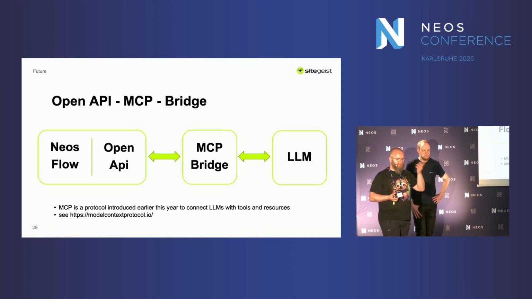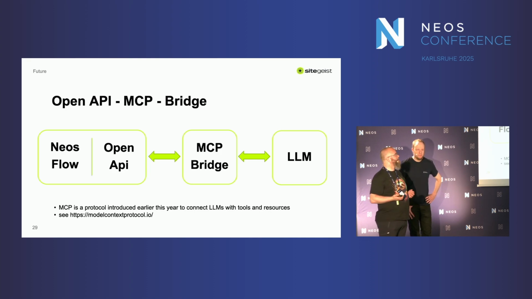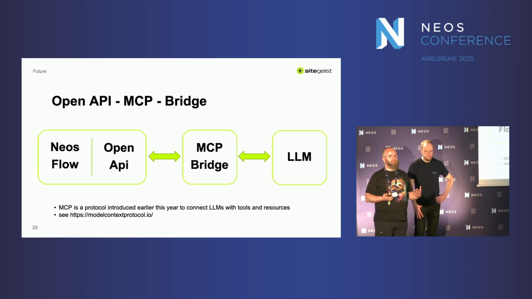As shown in the keynote, Bastian exposed mainly the API of the content repository. That is an obvious start, but we learned in other projects that the usefulness of tools for language models largely depends on what exactly the tools are.